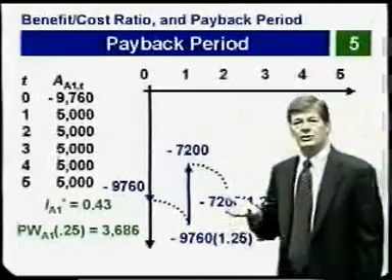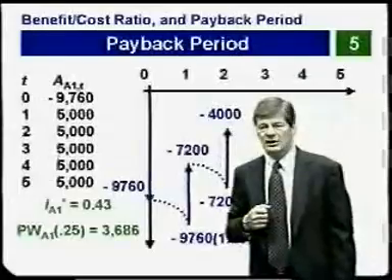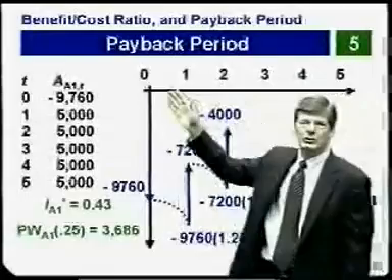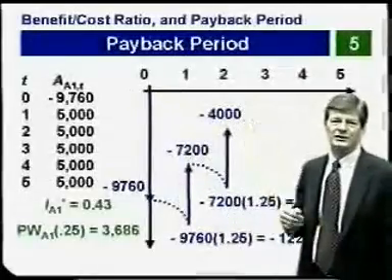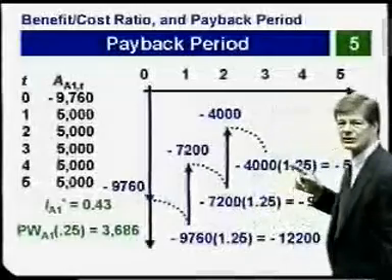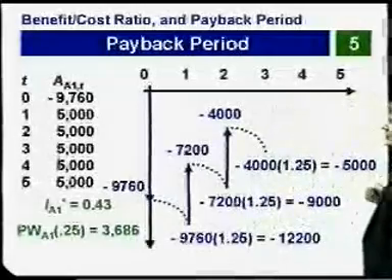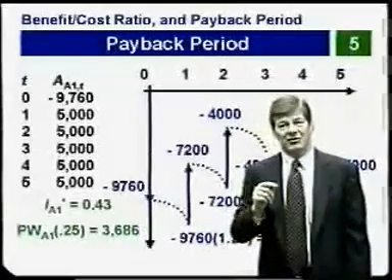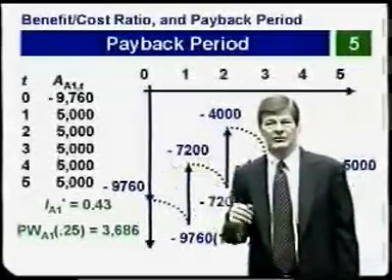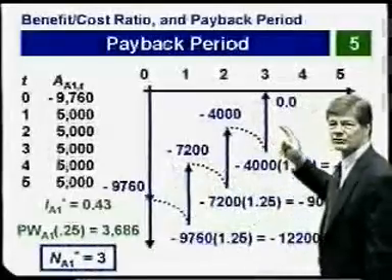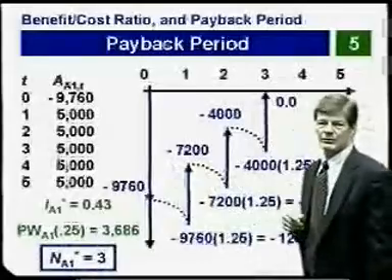At that point in time, I receive another $5,000 out of my investment such that the amount that remains invested of my initial investment is $4,000. That grows at 25% such that the amount that is invested as of time 3 is $5,000, and then at that point I receive another $5,000, in which case the amount of capital that remains invested is 0.